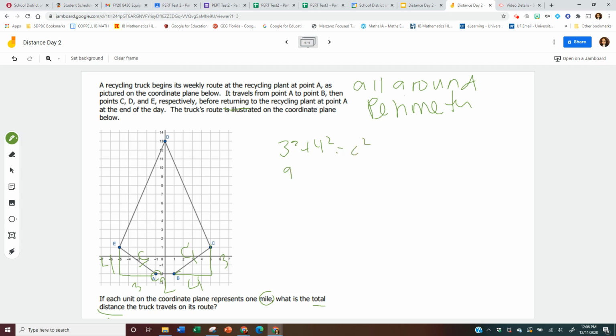This is 9, this is 16. 9 and 16 make 25. And then we're going to square root both sides, so we get that C is equal to 5. So I know that both of these sides right over here are 5 and 5. Okay, that's what I know right now.